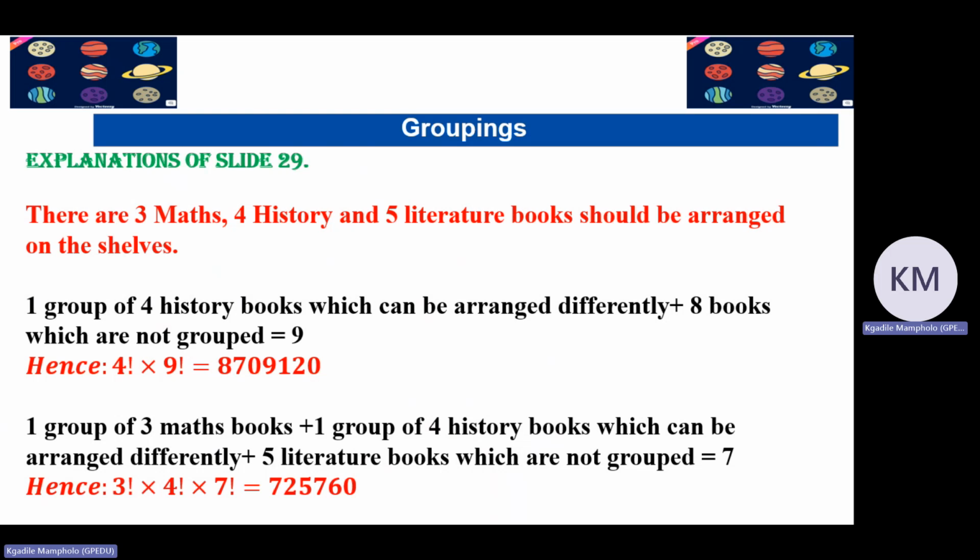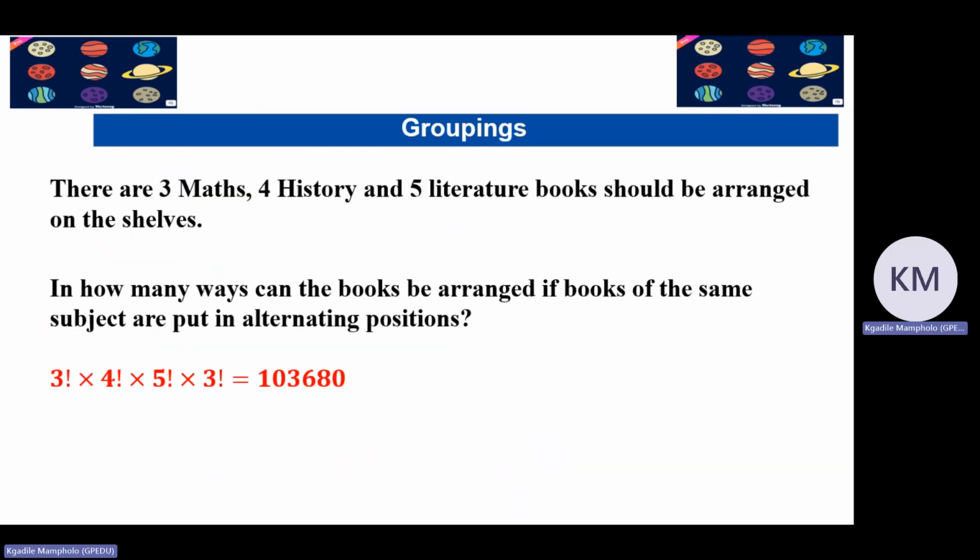Here I explained, as I just said, how we got this 4 factorial and 9 factorial here, and also how you get 3 factorial times 4 factorial times 7 factorial. In how many ways can the books be arranged if the books of the same subject are put in alternating positions?